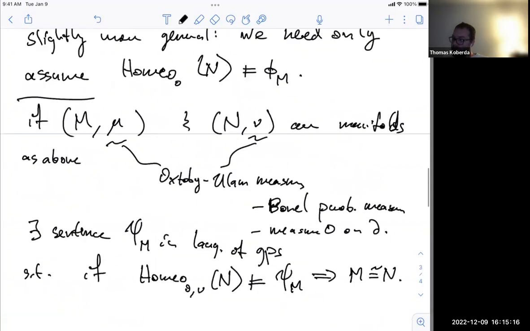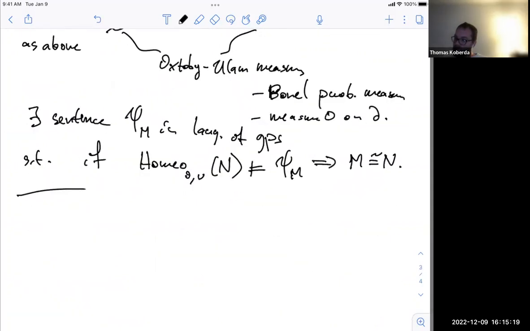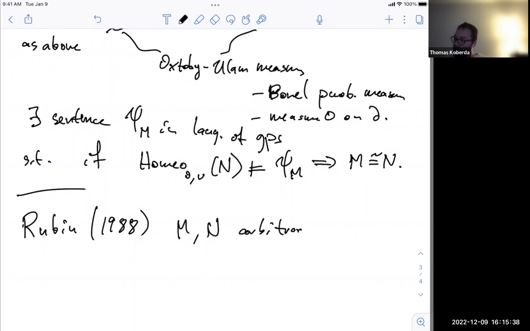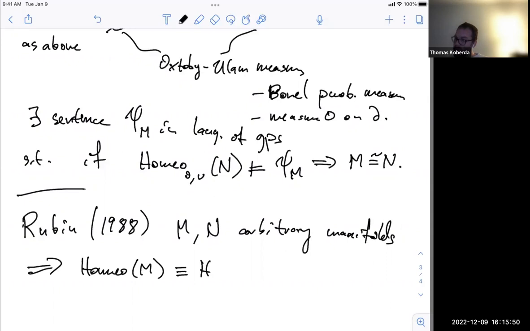So in a paper from 1988, maybe it was 1989, I can't remember right now, he claims that if M and N are arbitrary manifolds, and the homeomorphism groups of M and N are elementarily equivalent, then M and N are homeomorphic as manifolds.